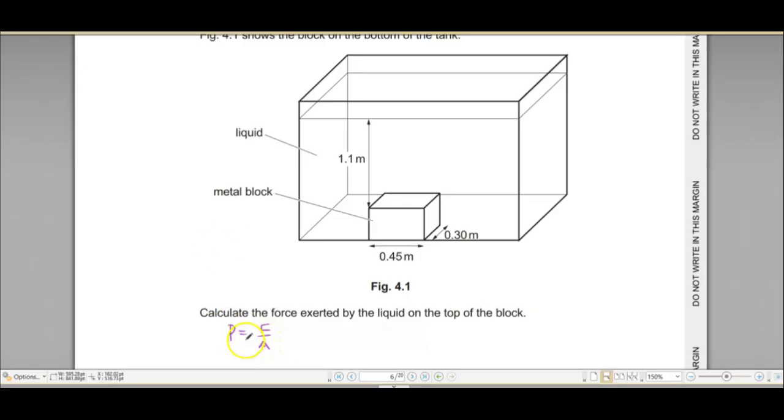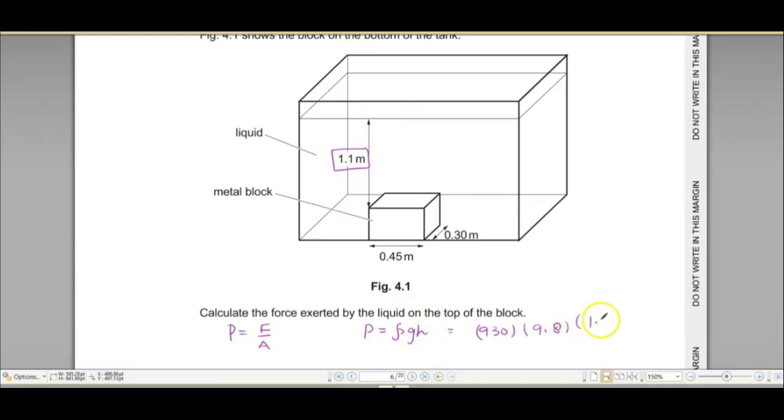Okay. Now over here we can find the area very easily with these dimensions that have been provided to us, but we don't have the pressure. But pressure in this case can be found by our formula rho g h. We've just found out the density, right? So that was 930 kg per meter cube, and we know the value of g as 9.81 and height they've given us to be 1.1 meters.